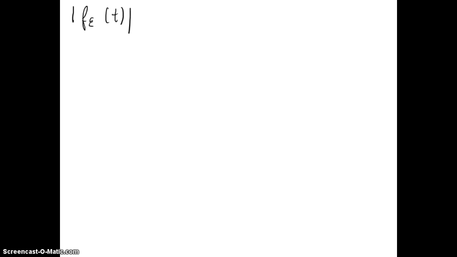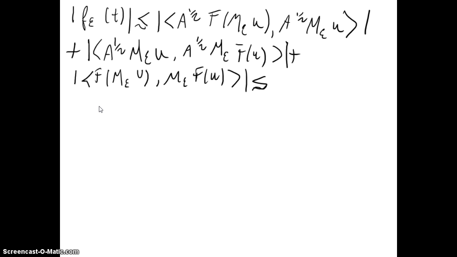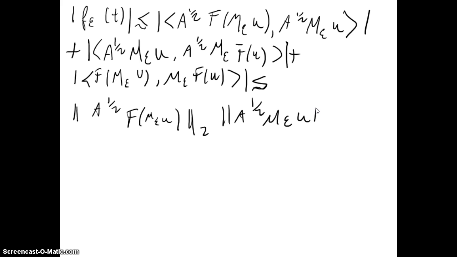This is what we want to bound, so let's put everything inside the absolute value, and now we can bound it with Cauchy-Schwarz. We will have this bound for the first term, and the same for the other ones.